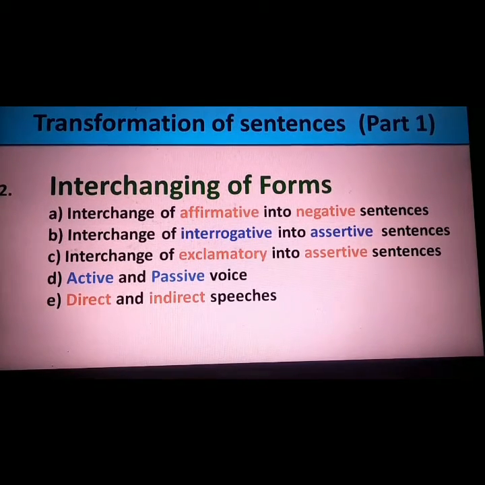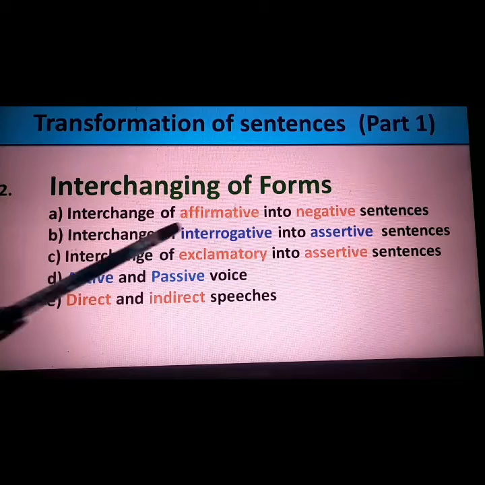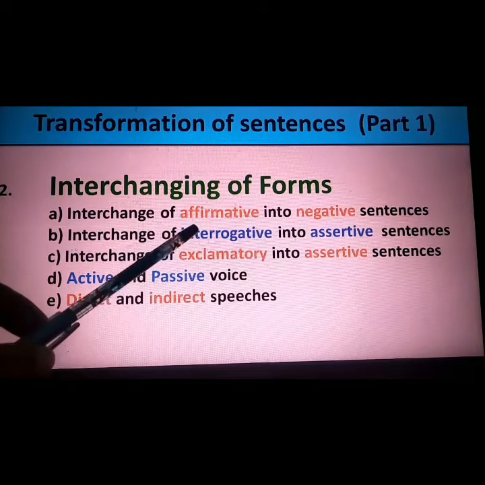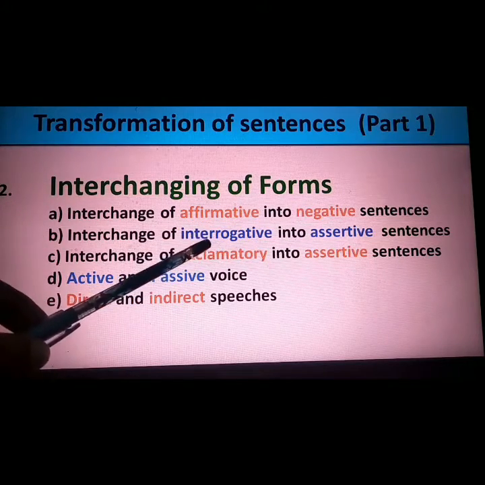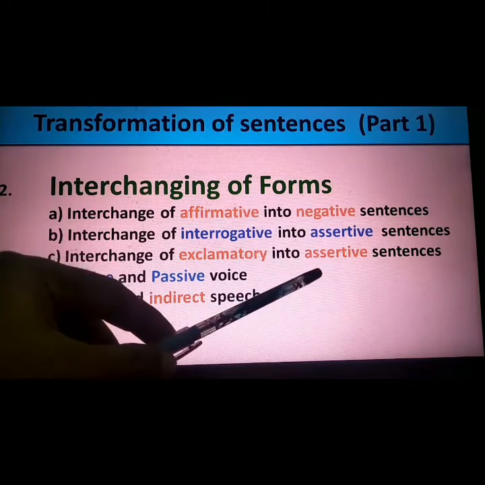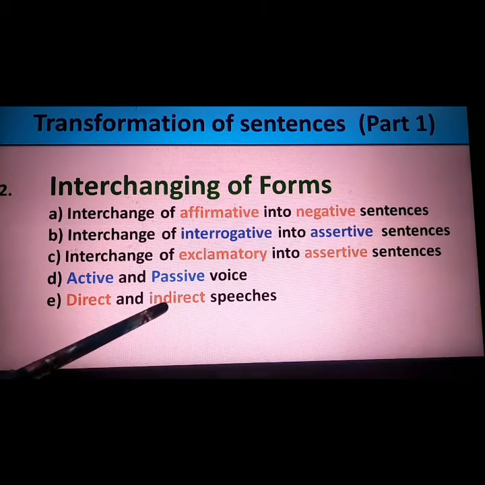Moving further, we see interchanging of forms. What does it mean? Here the form of the sentence is changed, maybe from affirmative to negative, or interrogative to assertive, or exclamatory to assertive, or active to passive, or direct to indirect.